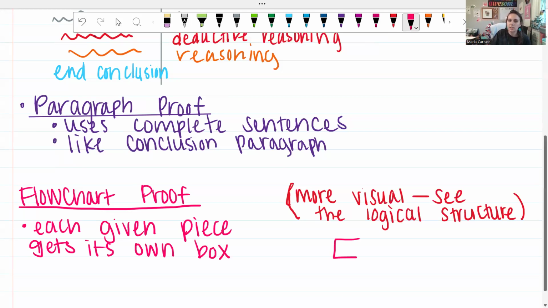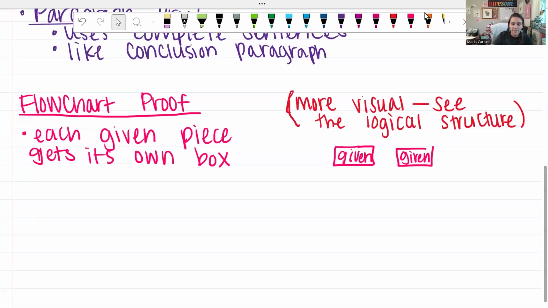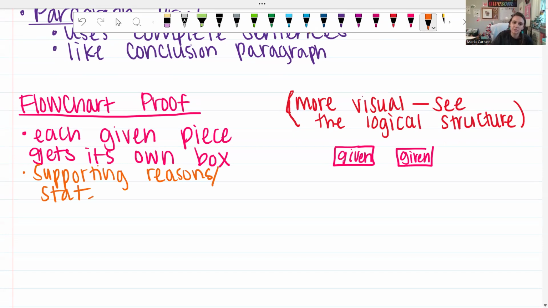So you have these boxes along the top with your given statements. And then you will start to use those supporting reasons to make statements. So you'll have supporting reasons and statements connected with arrows.